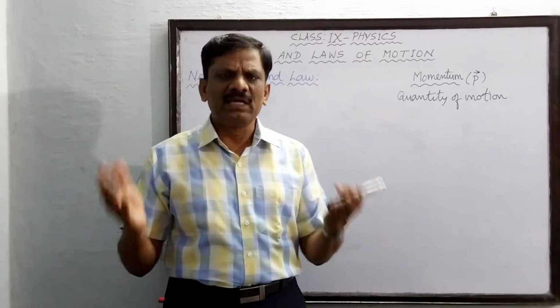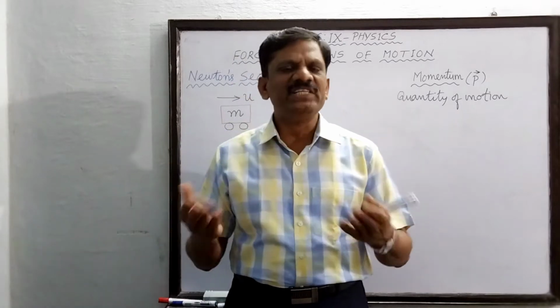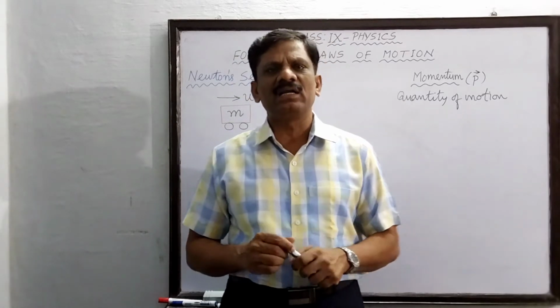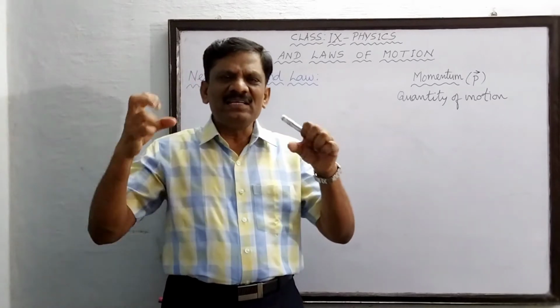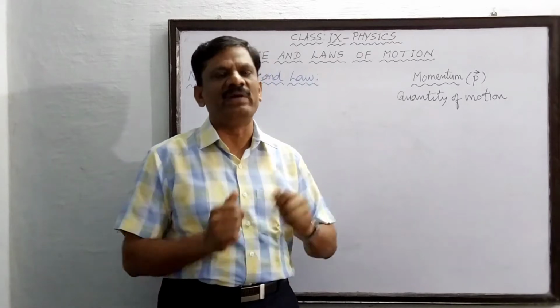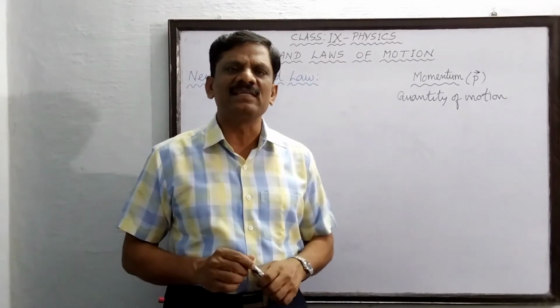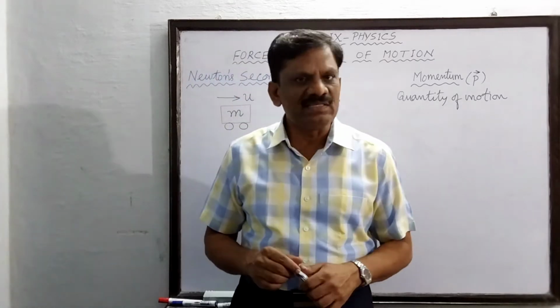Why? Both are going with the same speed. The same brake should be sufficient to stop both. What is the difference between the bike and the car? The quantity of motion associated with the car is greater than that of the bike. Though their velocities are the same, their masses are not the same.